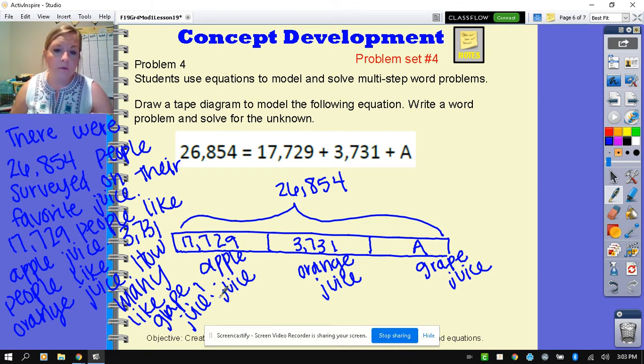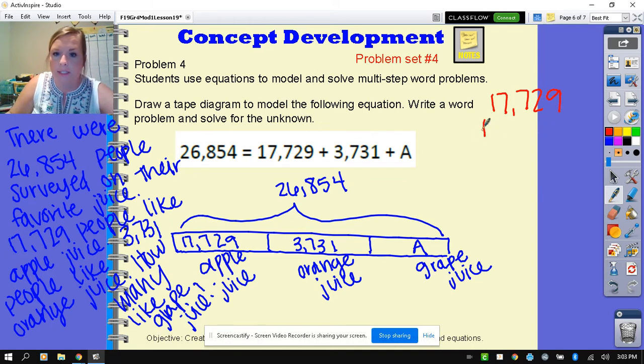So now if you were to come through and solve this problem, I will solve this one with you. It just looks kind of tricky, but I'm going to add up the two that we know and then take it away from our total, because then that's going to leave us with our grape juice. So I know that 17,729 people like apple juice and 3,731 people like orange juice.